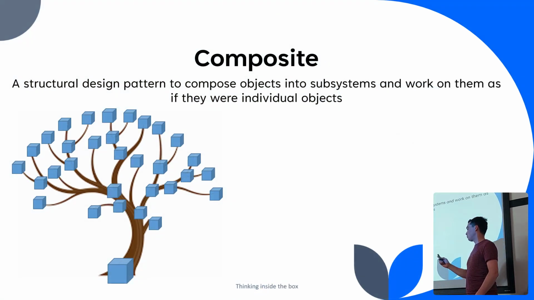So think of a tree, for example. This object right at the bottom is made up of all of those other objects. This object is made up of those two objects. Or, depending on your application, you could think about it the other way around. You could say that this object is made up of this object, and this object, but none of those.